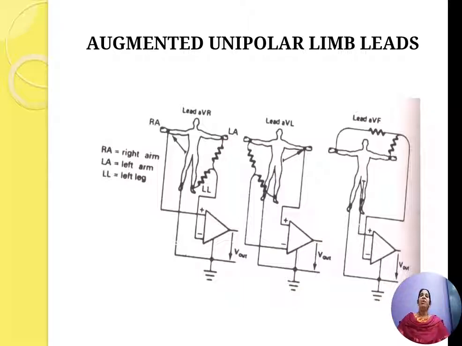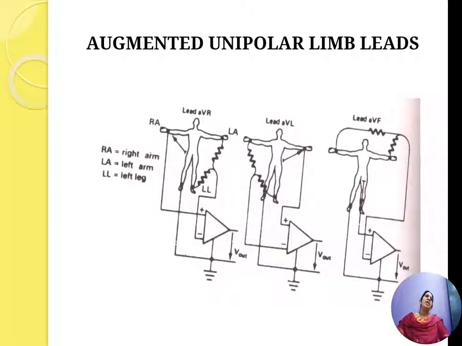You measure the output voltage with the right arm as one terminal. This type of connection is said to be augmented unipolar limb lead AVR.